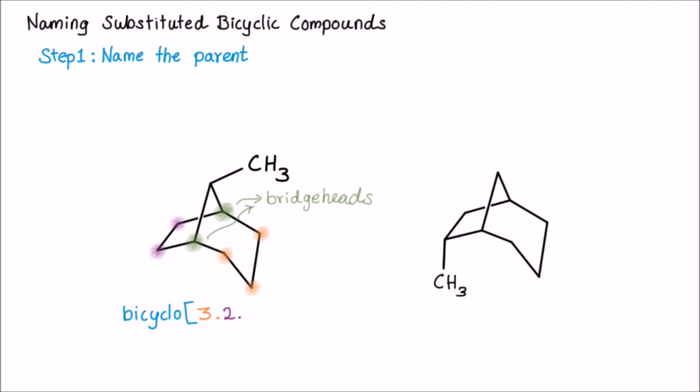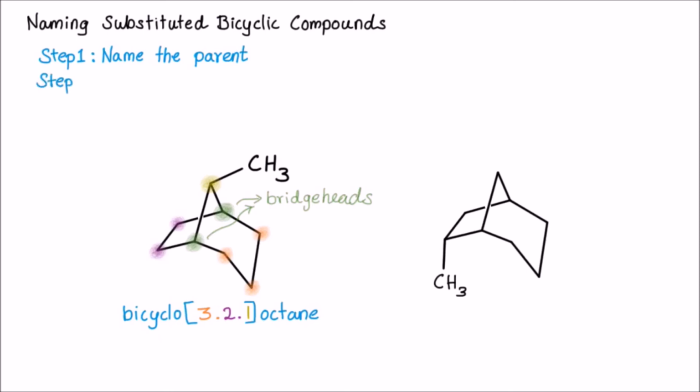Count the number of carbon atoms in the shortest bridge, 1 carbon atom, and close the square bracket. And octane is the total number of carbon atoms in the parent. So that's the name of the parent. I shouldn't say chain because it's a cyclic compound. Now how to name the substituent?